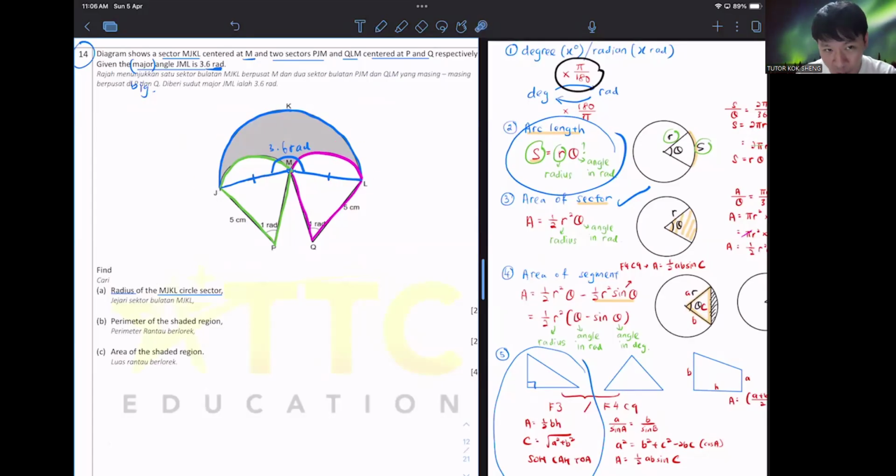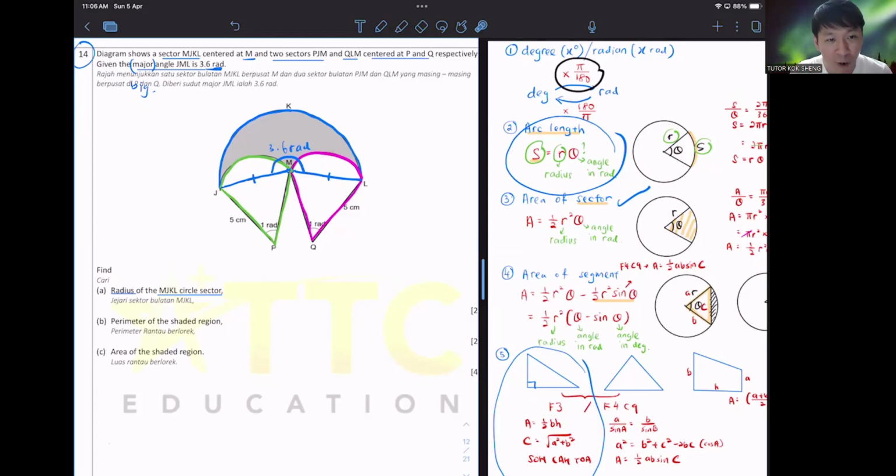To find the radius from MJKL, there's only one number here, not enough info. But this radius is also in these two ice creams, which have more info, at least two numbers. So we go for the ice cream here to find the radius.